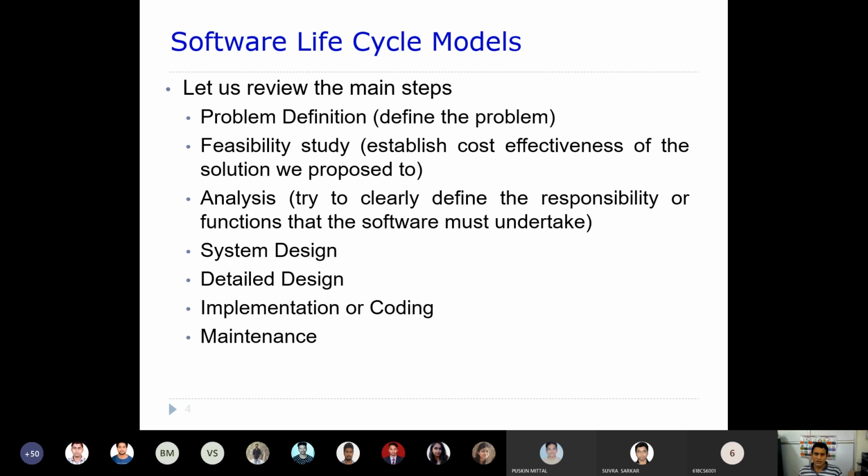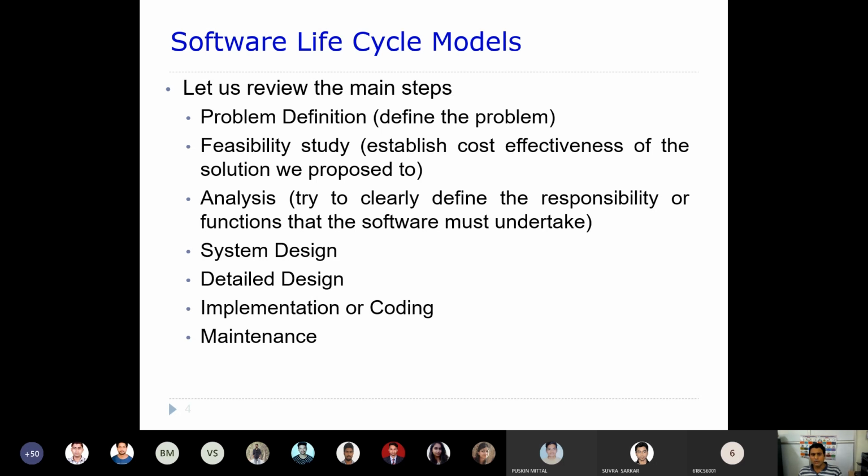So now let us review the main important steps or activities that are part of any lifecycle model. The first one is problem definition, where we try to define the problem first. Then we go through a feasibility study, through which we try to establish the cost effectiveness of the solution, whether the solution we are proposing is cost effective or not.